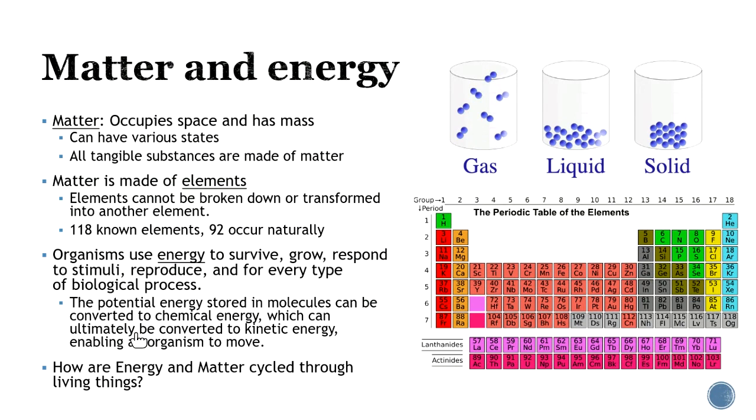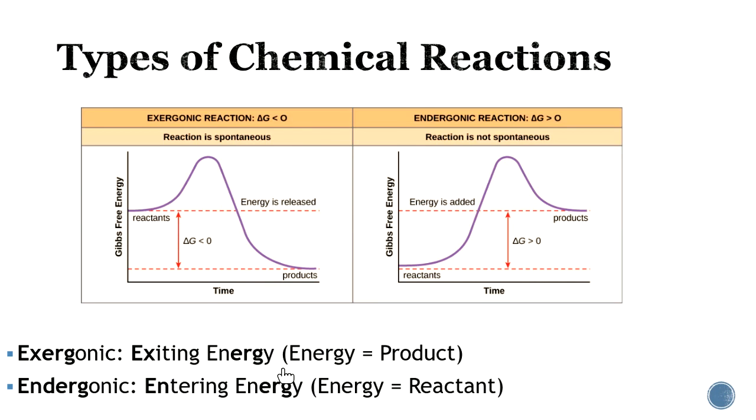We're going to create these bonds between these different elements, and in the process of doing that, we're going to create chemical energy. And we're going to harvest it by making and breaking these bonds and use it to power reactions. So let's show two different types of reactions that you'll see.